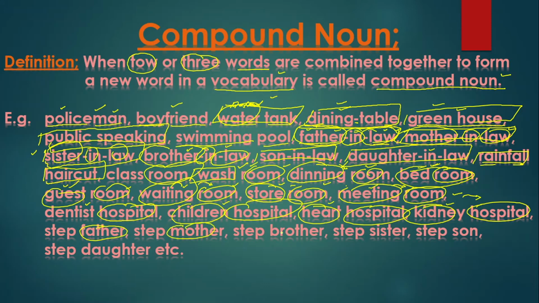In the same way, see, father gives its own meaning differently. Mother and brother, sister, son, daughter. But if you bring with them the word step, and step is what? I say you took the first step and you fell down, and a child starts its moving with the first step. So this step and father you bring together, that becomes a stepfather, who is not from your real father.